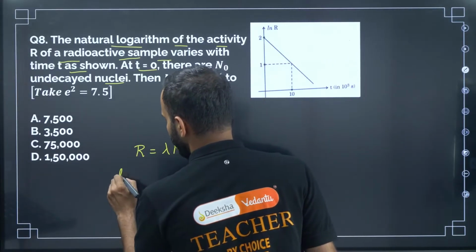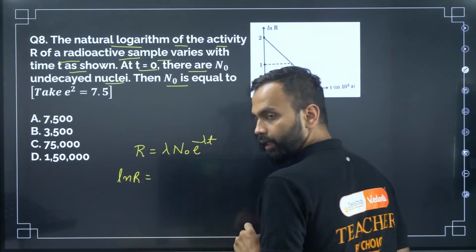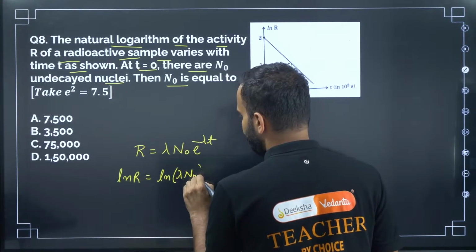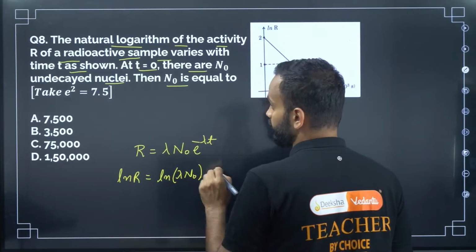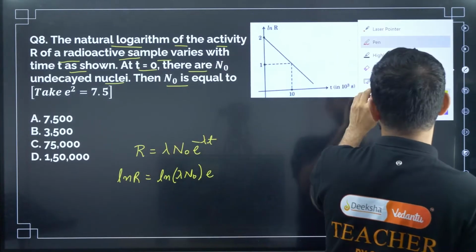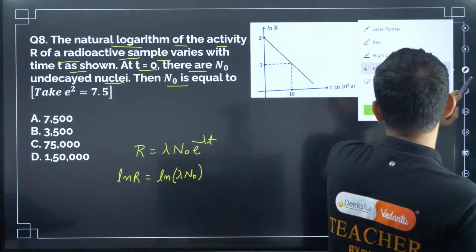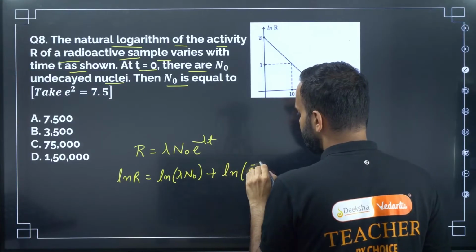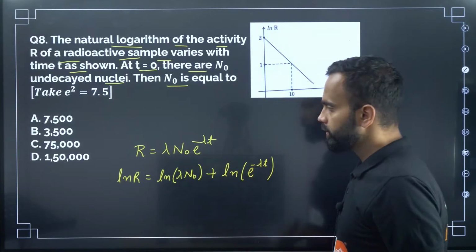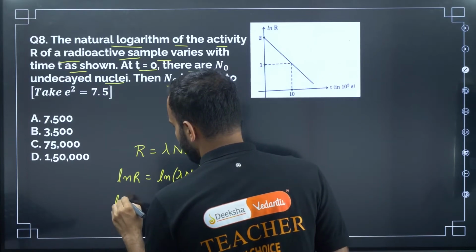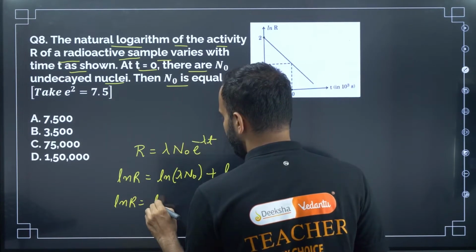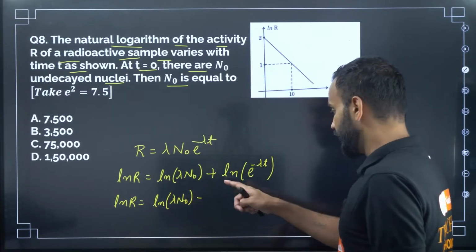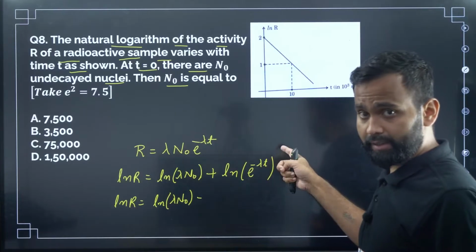So now ln of R is equal to ln of lambda N naught plus ln of e to the power minus lambda t. So ln of R is equal to ln of lambda N naught minus, here natural log of e to the power x is x only.